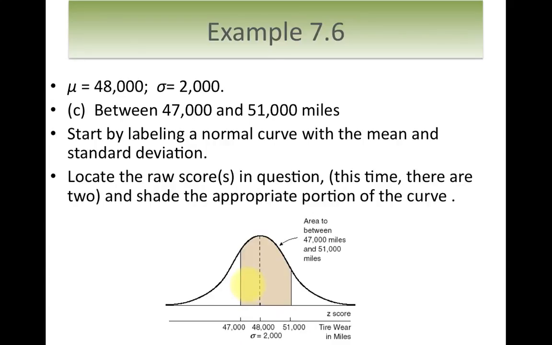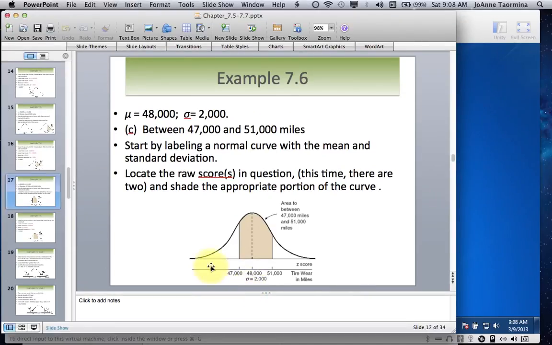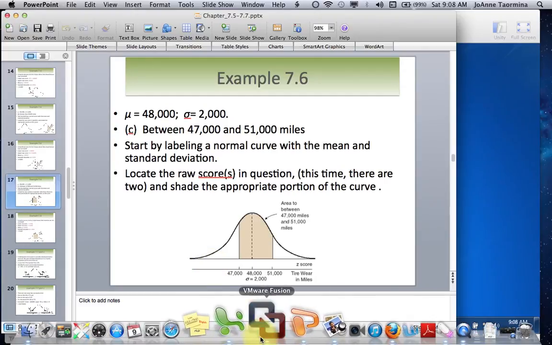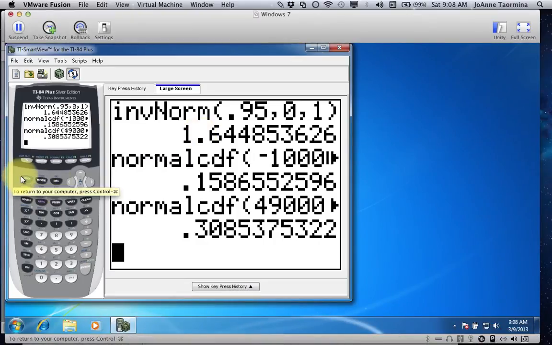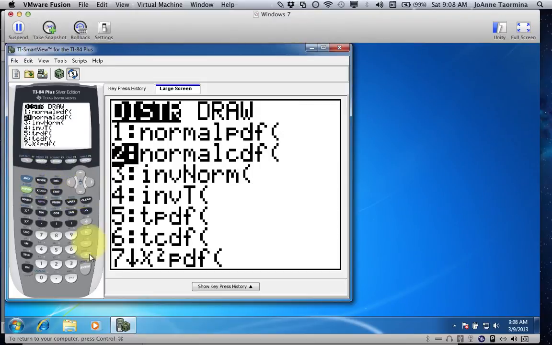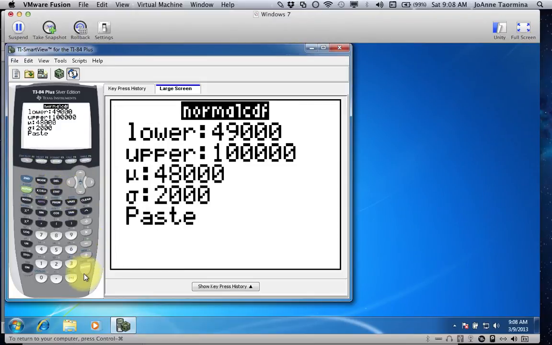Okay, so we're going to go to our calculator. 47,000 is the lower, and 51,000 is the upper. Our mean stays at 48,000.